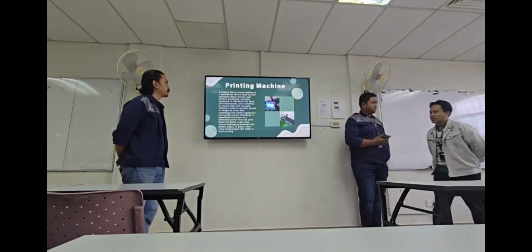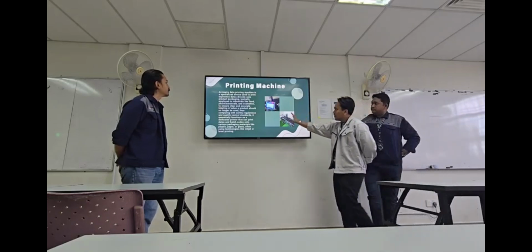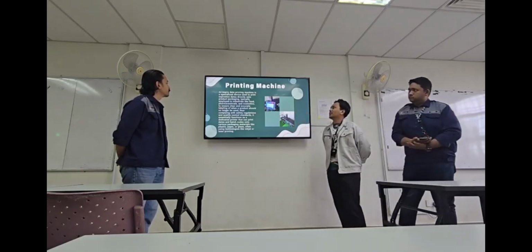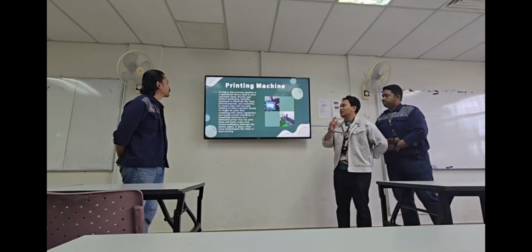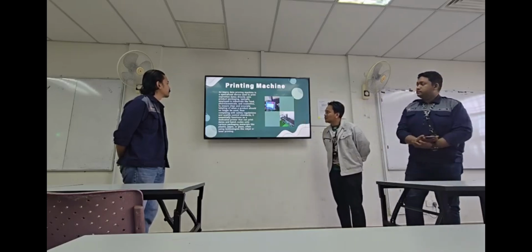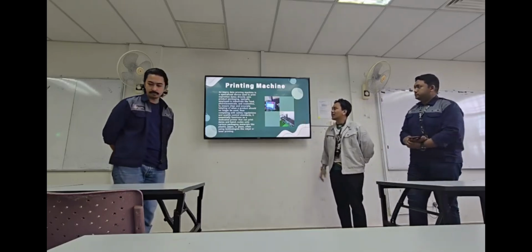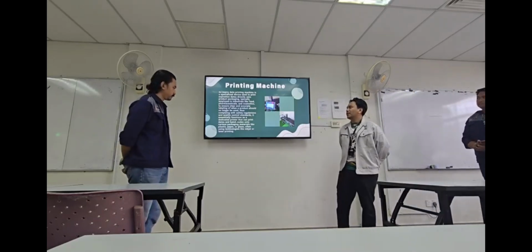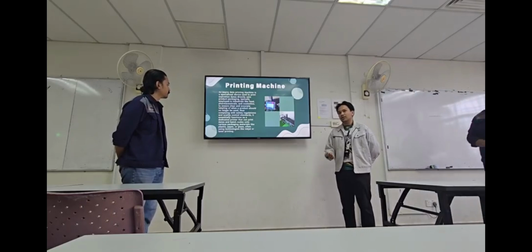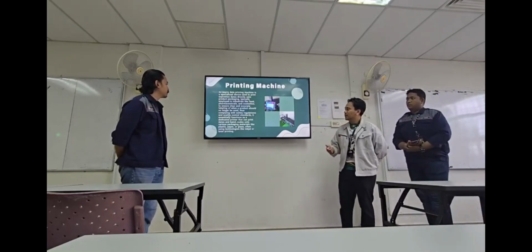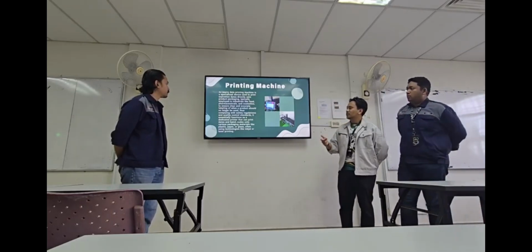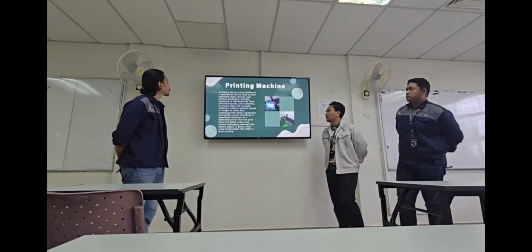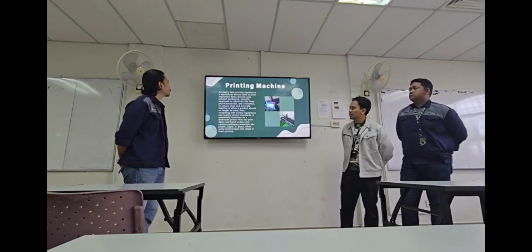Okay, for the printing machine, this might not look like your ordinary printing machine, but this is an expiry date printing machine, a specialized device used to print expiration dates directly onto product packaging. Typically employed in industries like food, pharmaceuticals, and cosmetics to ensure clear and accurate labeling of when a product should no longer be used.